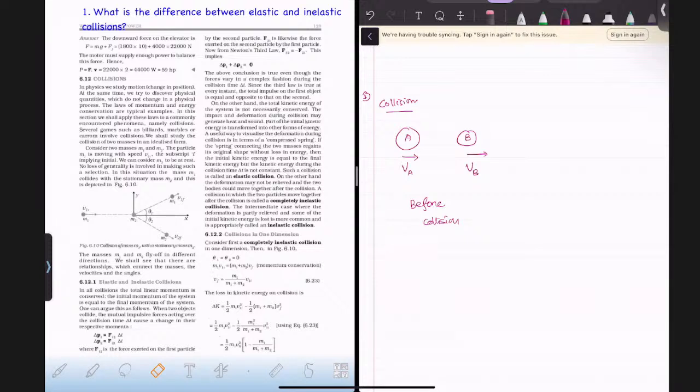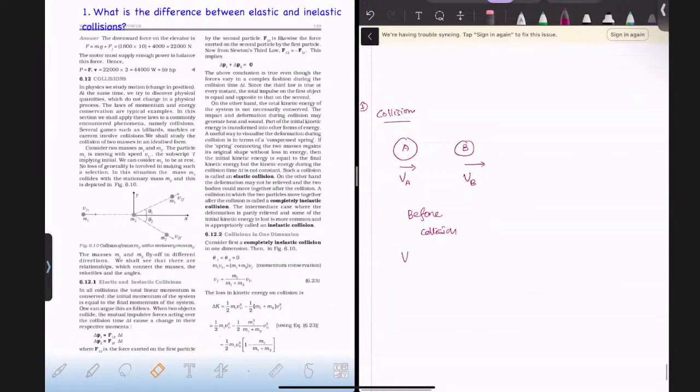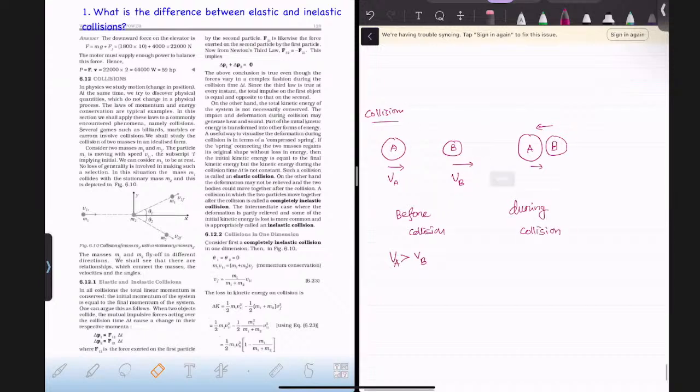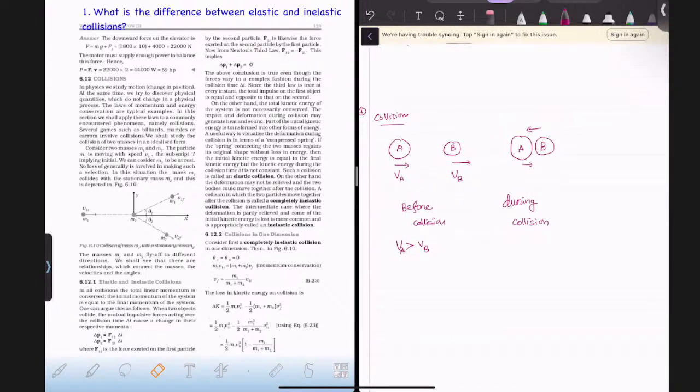Okay. So, and if VA is greater than VB, so VA will collide with VB. This is the time of collision when they exerted large force on each other. This is during collision. And after the collision, the velocity of both the objects will change. Why it will change?